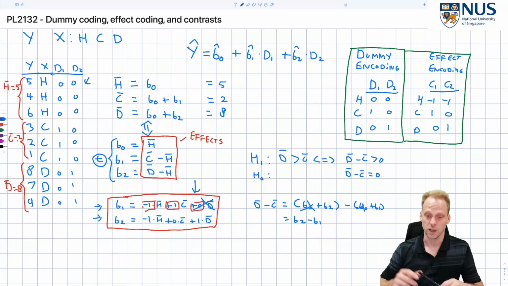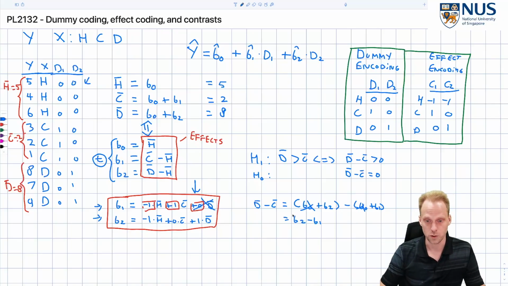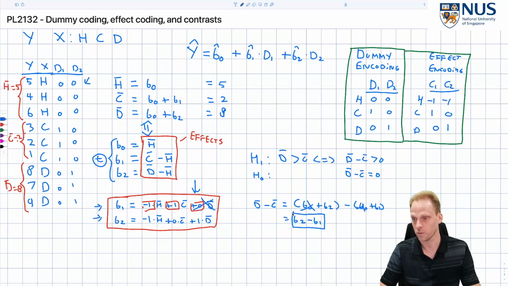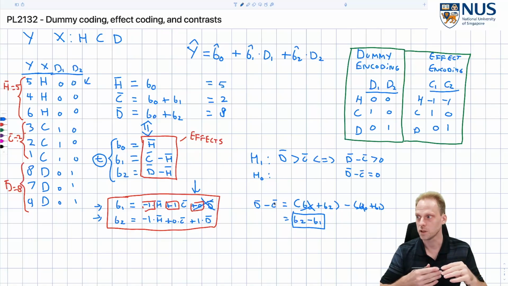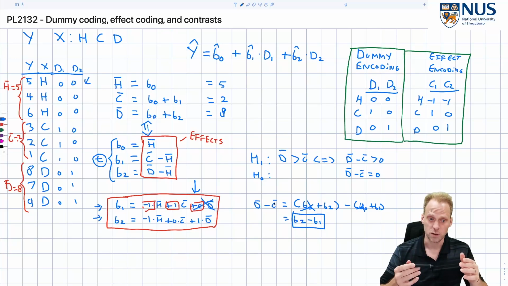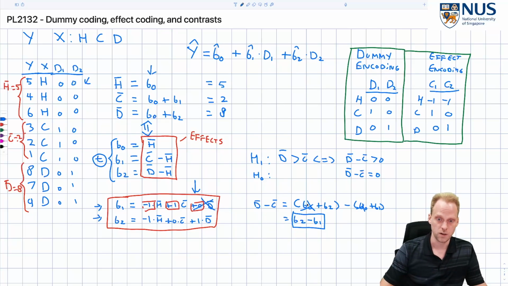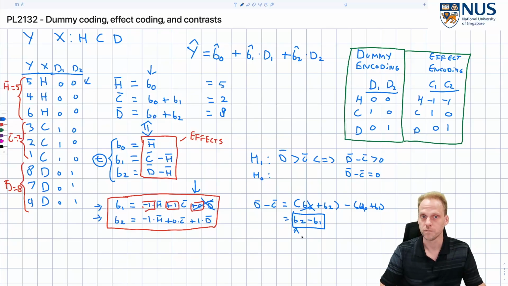So we see now that B2 minus B1 is actually encoding the effect of interest, namely dogs minus cats. And that means we don't need to go back and change the dummy encoding to get this value, because with the associated estimates of standard errors and the covariance, which is not very important, you can transform the results you have into the effect that we're interested in. Now that's very, very interesting, right?